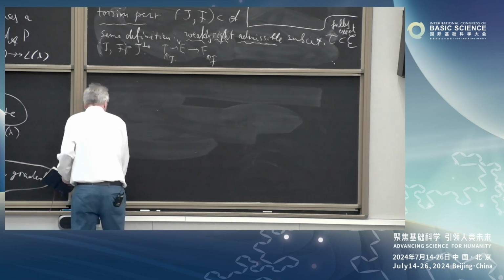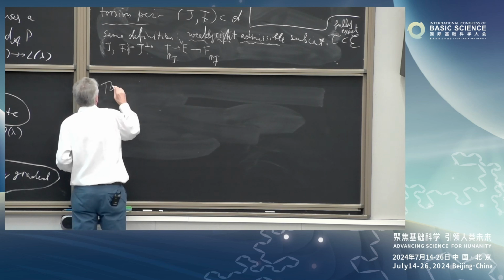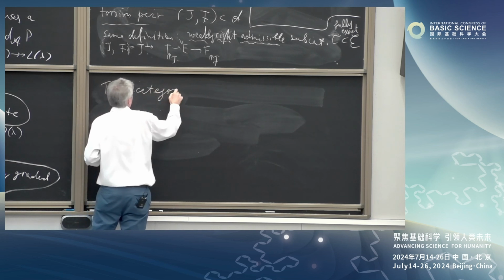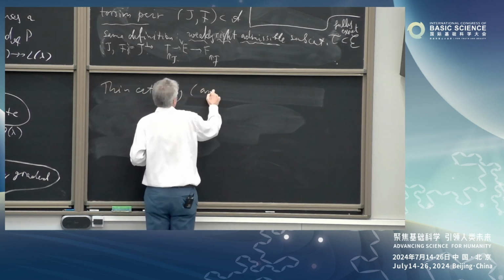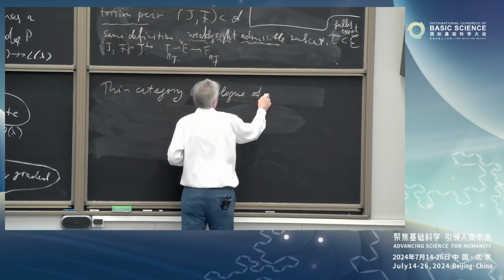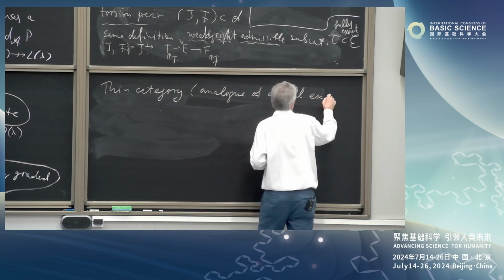So this I will call thin categories, an analog of a full exceptional collection in triangulated categories.